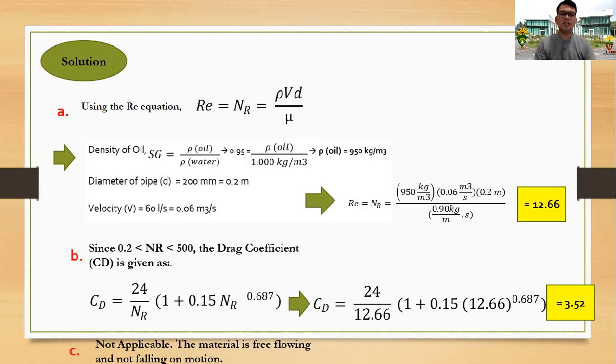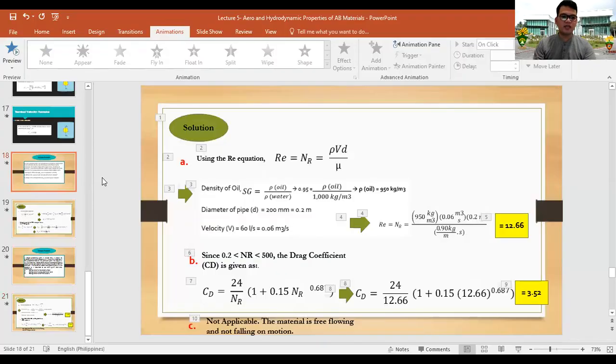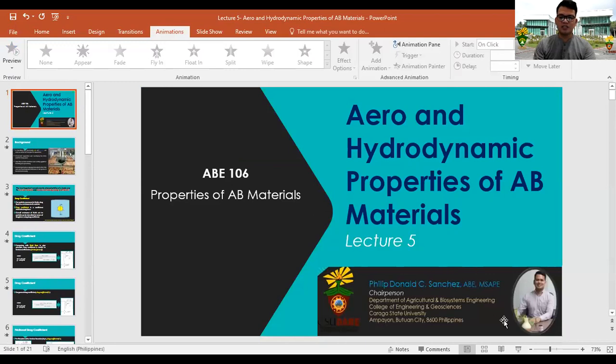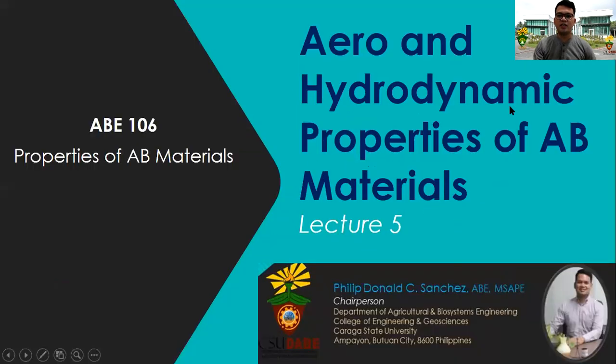Okay, so that's all for the aero and hydrodynamic properties of agricultural materials. So thank you, and please solve at your own pace. Please solve different problems related to aero and hydrodynamic properties, so that during exams you will be guided. Okay, you will have more knowledge and background about aero and hydrodynamic properties.